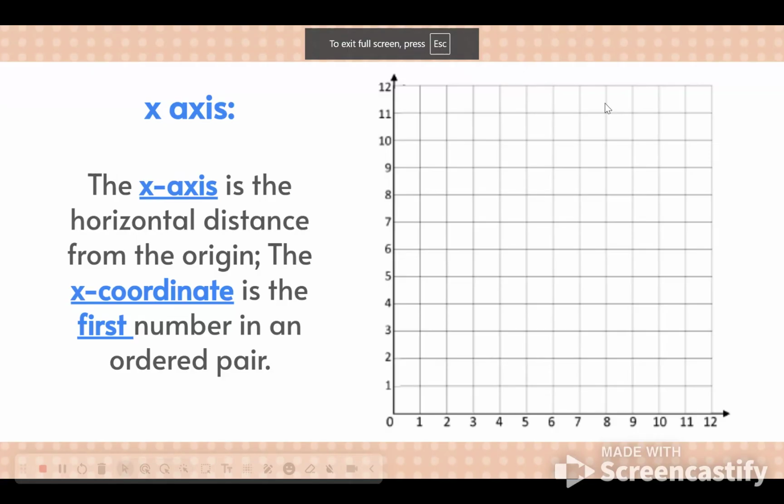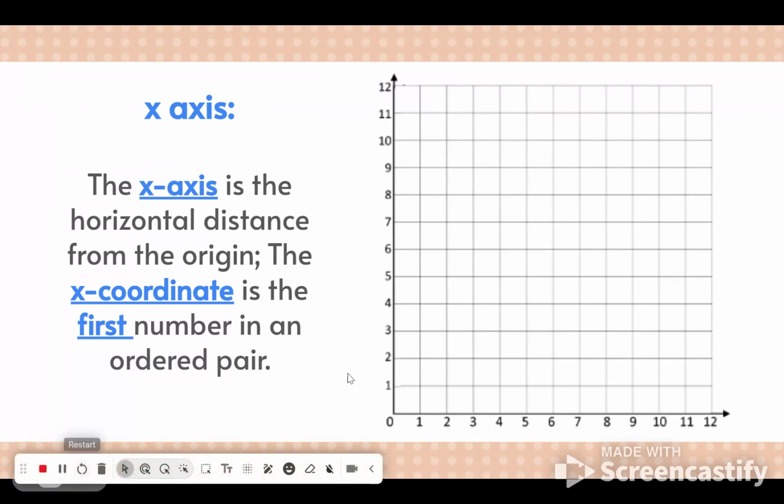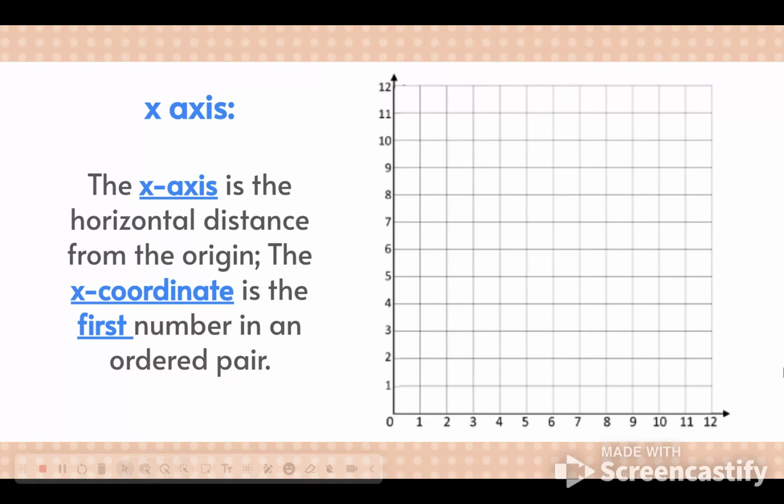All right, the first thing we're going to talk about on the coordinate plane is the x-axis. The x-axis is the horizontal distance from the origin. So if you look here, this is the x-axis. Remember, the origin is here, which is 0, 0.